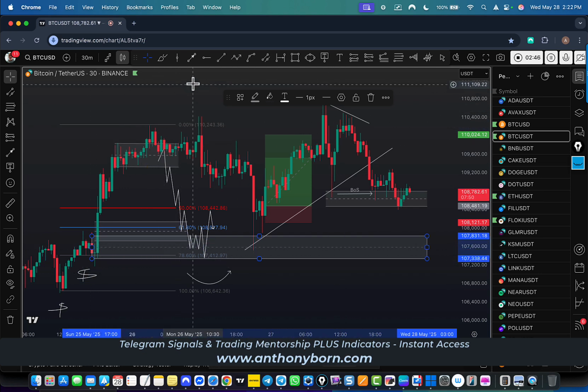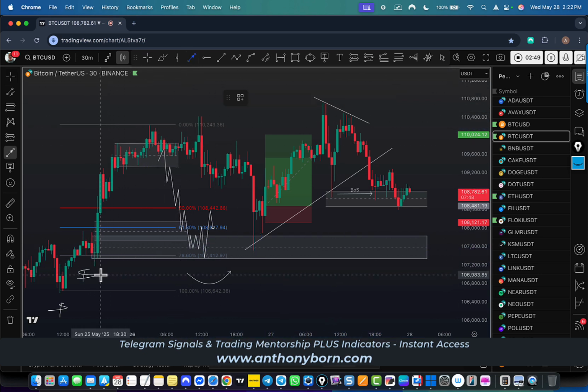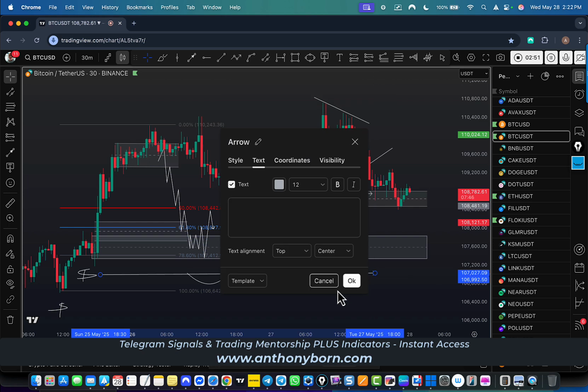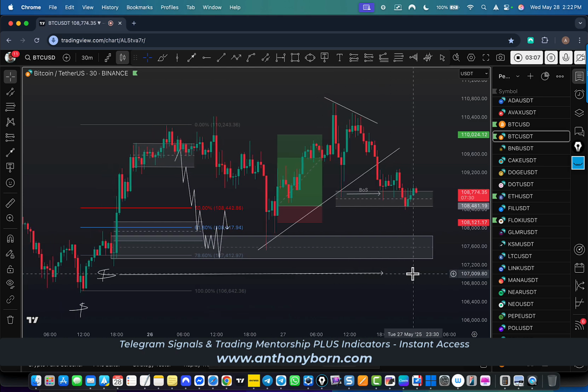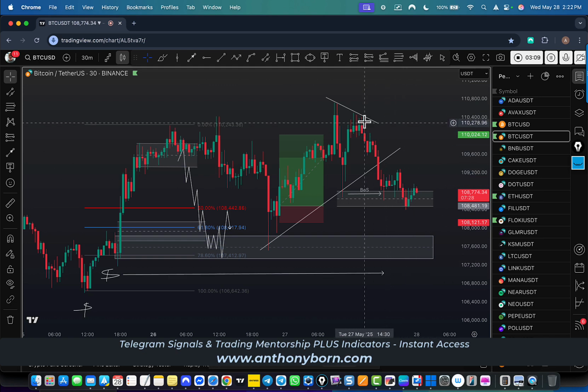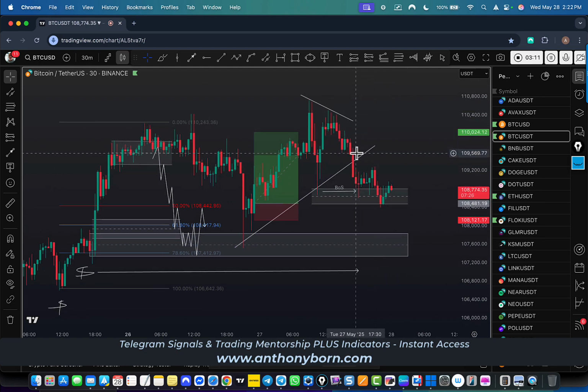If we pull this across, we've got a liquidity pool under here. So that's the first hit, continues down, that's the second hit, and if it continues under here, that's another target. Guys, you want to be really careful because we're starting to see bearish structure coming into play.